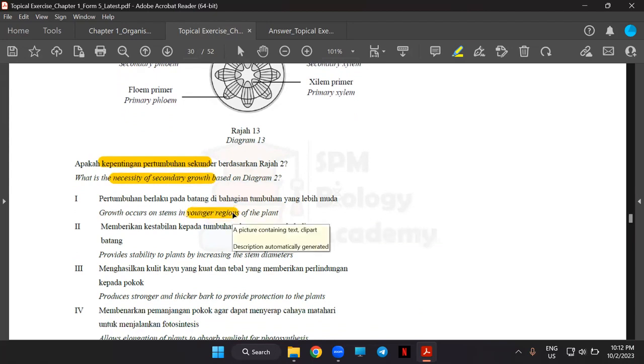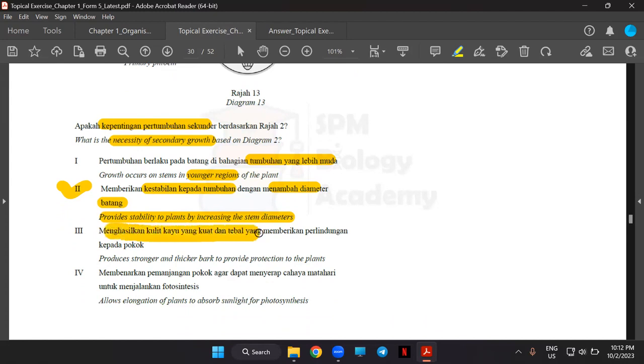Betul ke ni? Salah, because secondary growth berlaku di bahagian tumbuhan yang sudah matang, bukannya muda. So, satu salah. Memberikan kestabilan kepada tumbuhan dengan menambah diameter batang. Yes, provide stability to plant by increasing the stem diameter. Correct.